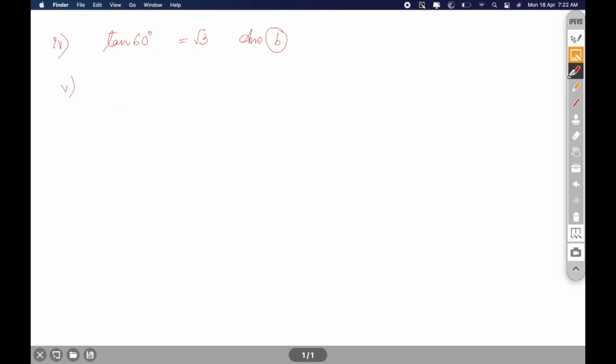Next, part 5. The marks of 20 students in a test were as follows. So here you can see the 20 marks are given, which are not arranged in ascending order, and you are asked to calculate the mean.